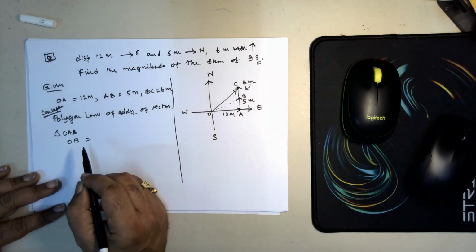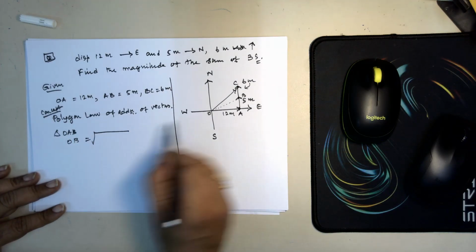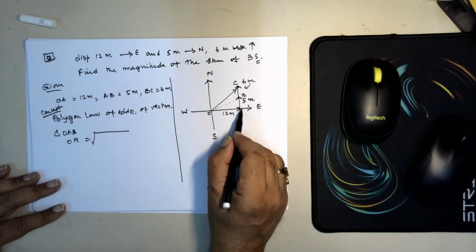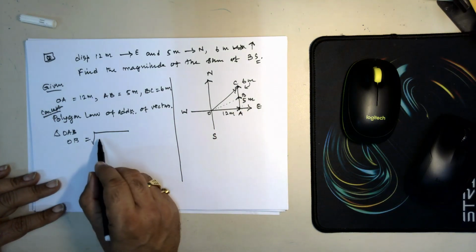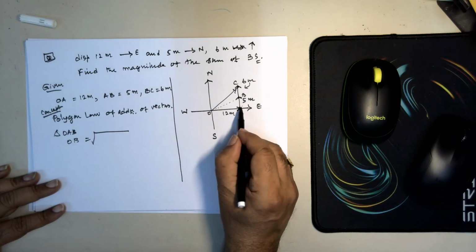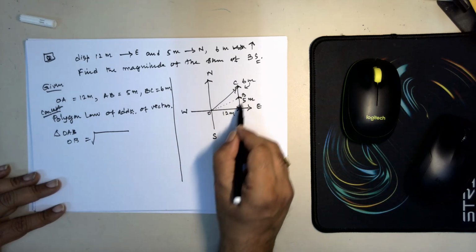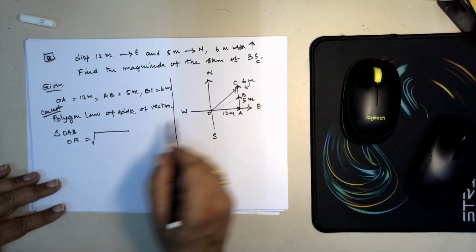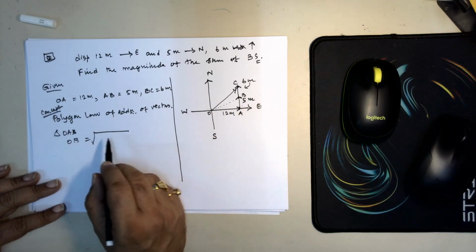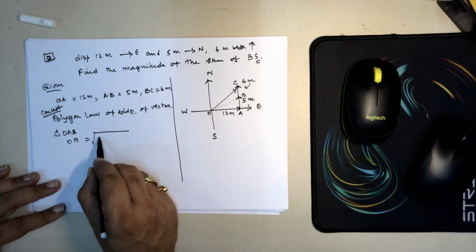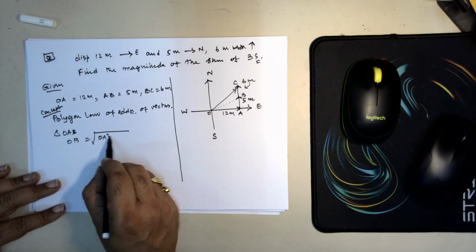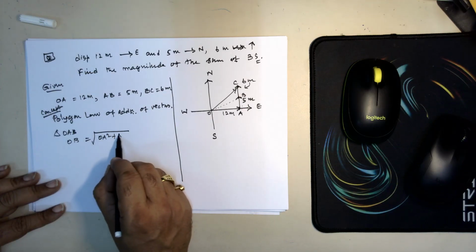OB is nothing but the square root of OA squared plus AB squared, according to Pythagoras theorem, the sum of squares of adjacent side and opposite side.